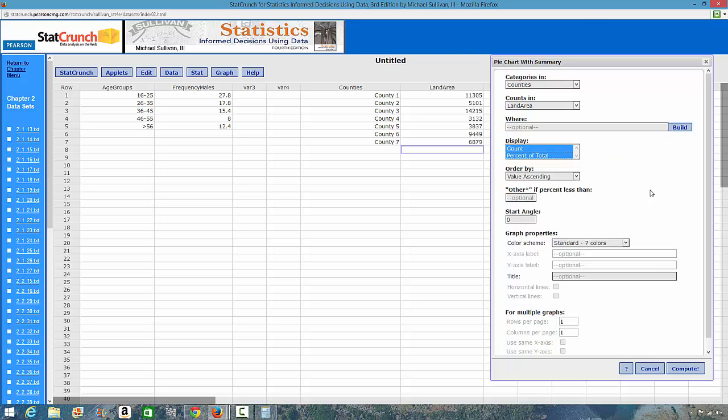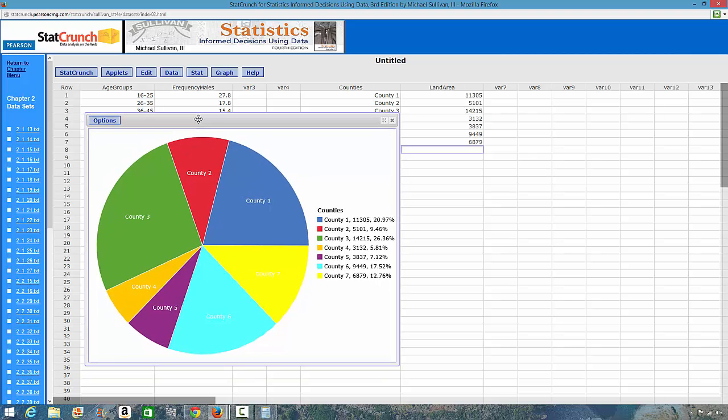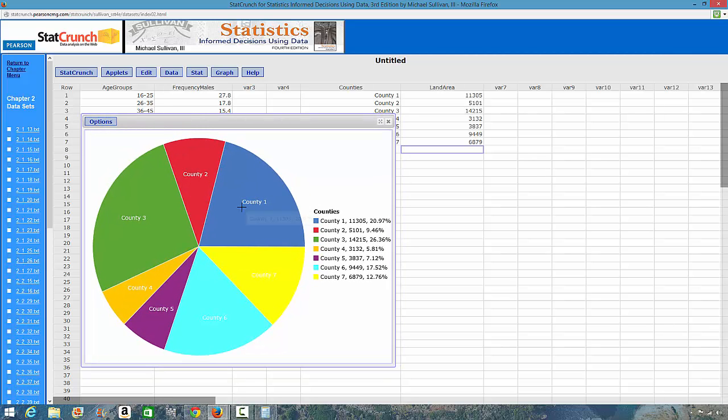I'm just going to leave it as both, which is the default, and then you just click compute. And this will be your pie chart right here. If you point at it, it gives you the county, the count, the land area, and the percent of total.